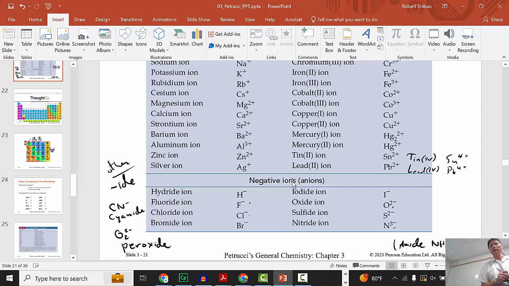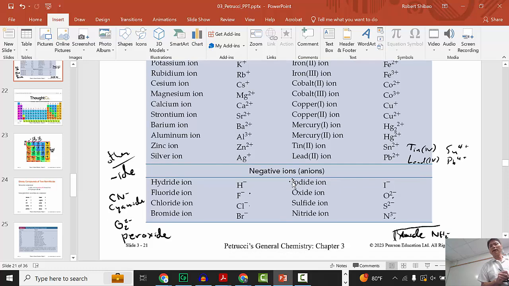We'll talk about amide later; you don't have to memorize it. There's one more that you should memorize for sure, and that is hydroxide.